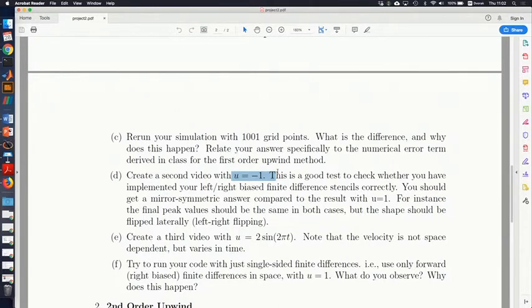So the point is, the code should be general enough that you don't have to keep switching the whole thing, because in the domain you might have positive velocity in one region and negative in another region, right? So your code should be general enough that it looks at what the current velocity is and then uses the appropriate stencil.